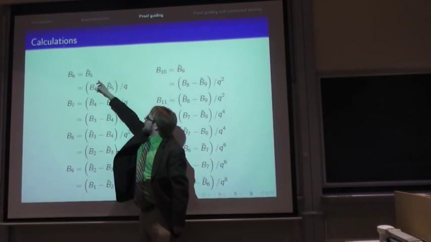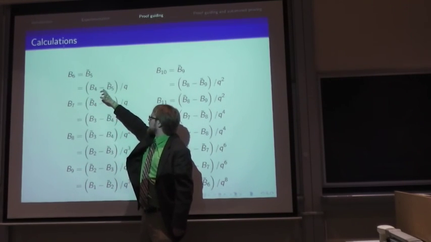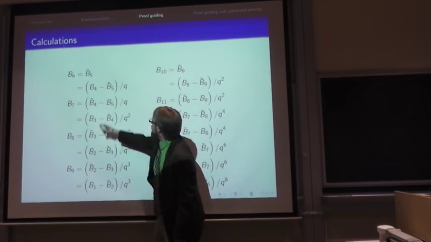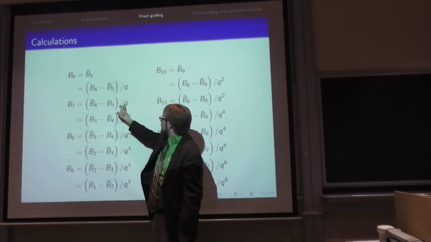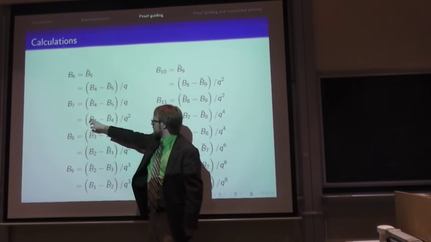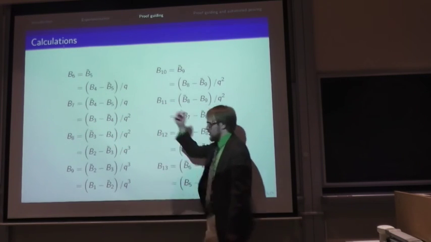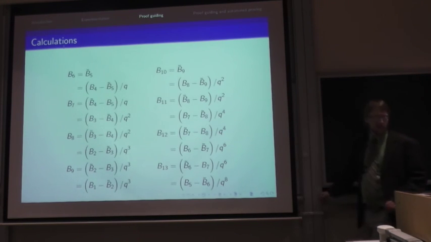That b tilde sub 5 was also equal to b4 minus b tilde sub 5 divided by q. We call that b6. B tilde sub 4 minus b sub 5 divided by q was also equal to b sub 3 minus b tilde sub 4 divided by q squared. We call that b7, and we verified all of this stuff here.